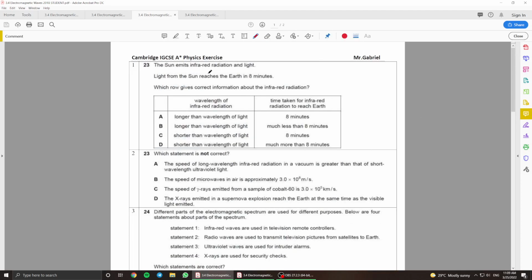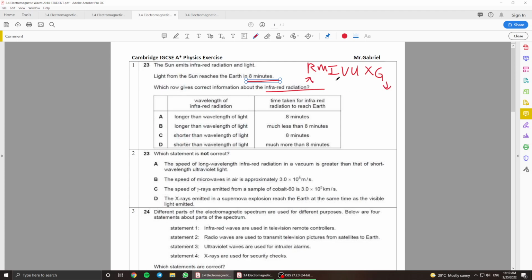The sun emits infrared radiation and light from the sun reaches Earth in 8 minutes. Which row gives the correct information about infrared radiation? Wavelength of infrared radiation is longer than visible light. Might be possible. Wavelength is the longest here, and the shortest here.